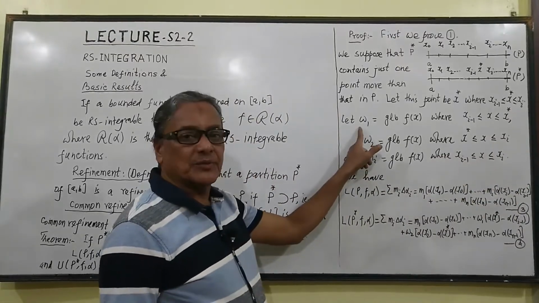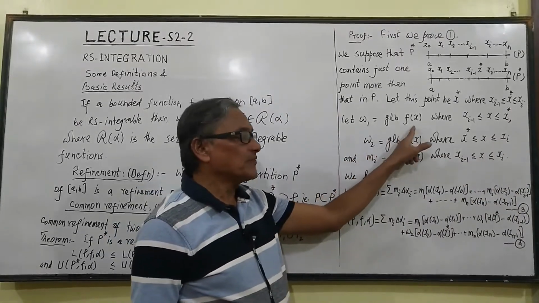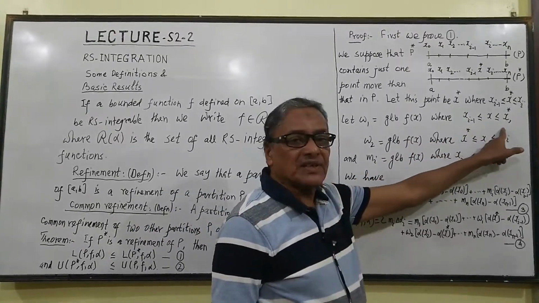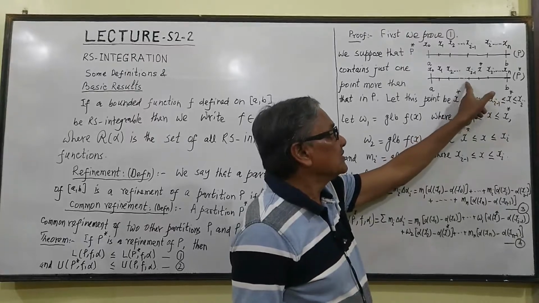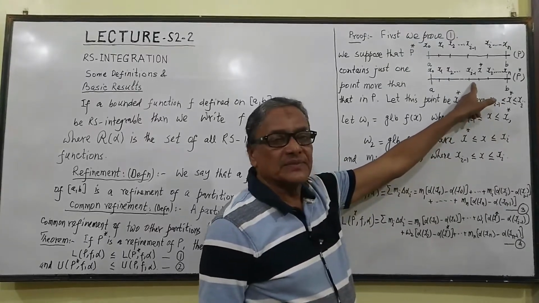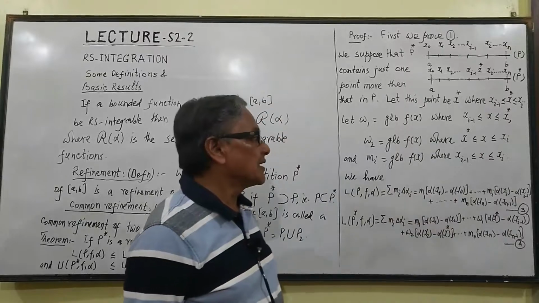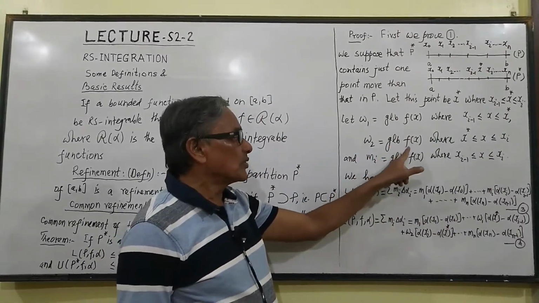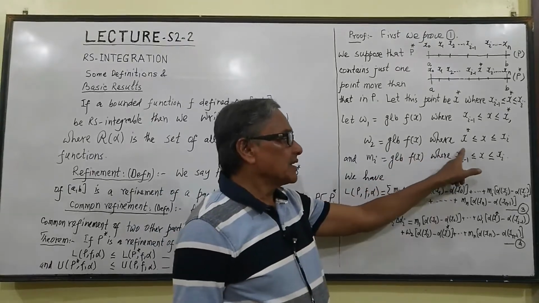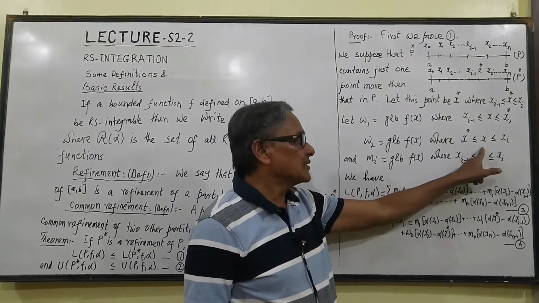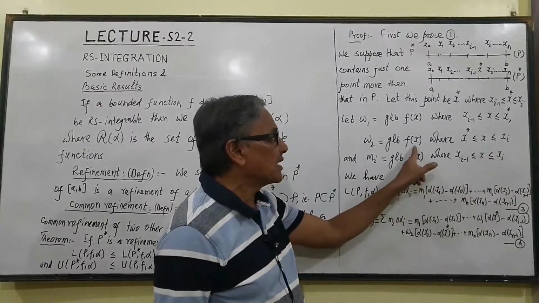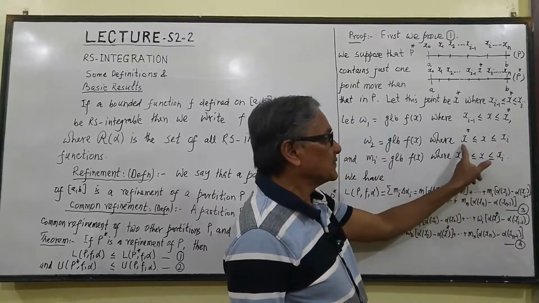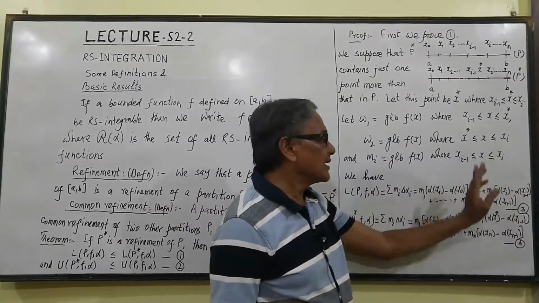Let w1 be equal to the greatest lower bound of f(x), where x lies between x(i-1) and x star, and w2 is equal to the greatest lower bound of f(x), where x star is less than or equal to x, which is less than or equal to x(i); that is, x lies in between x star and x(i).